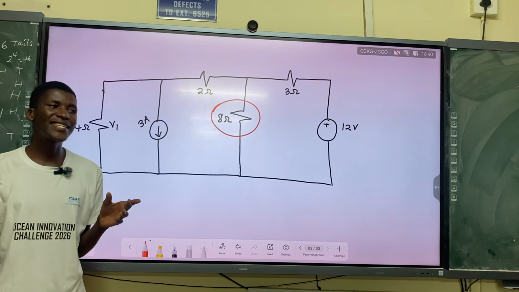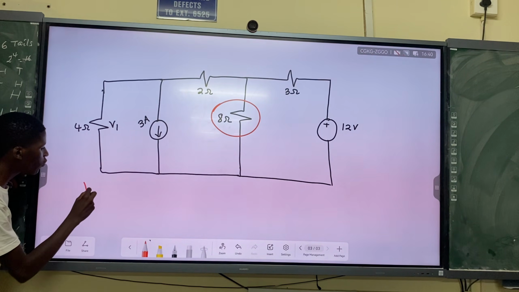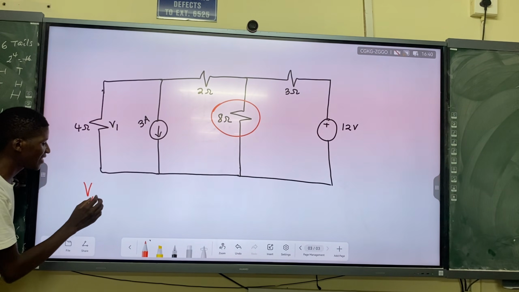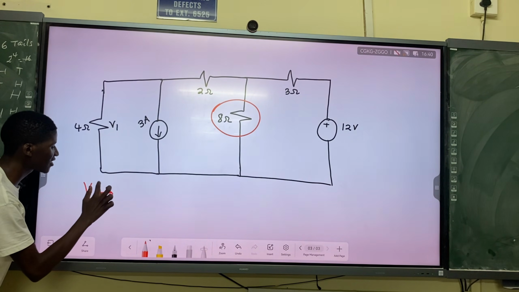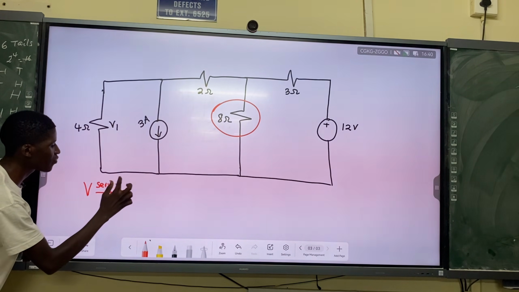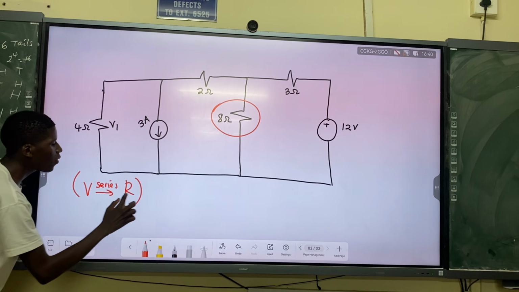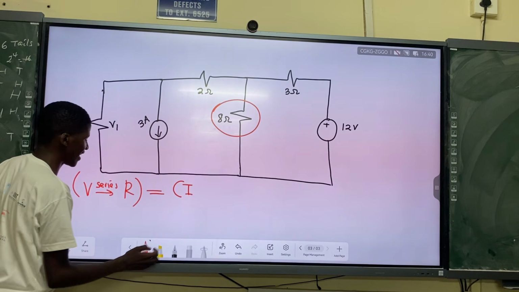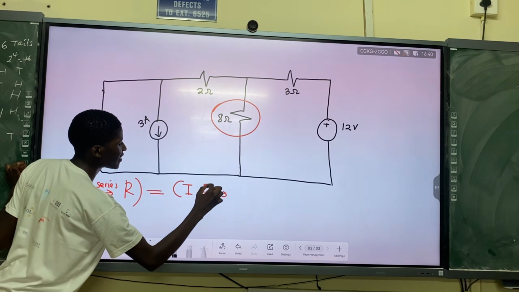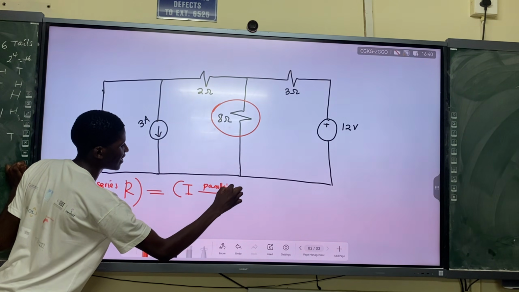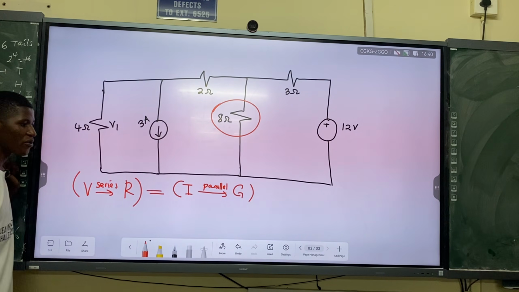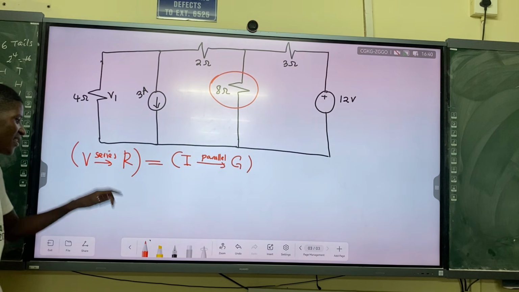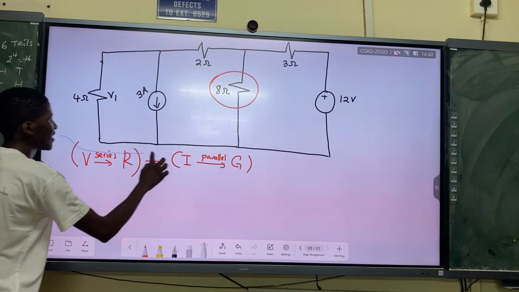The fact that a voltage in series with a resistance is the same thing as a current source in parallel with a conductance. So that's the theorem we're going to use to solve the circuit.